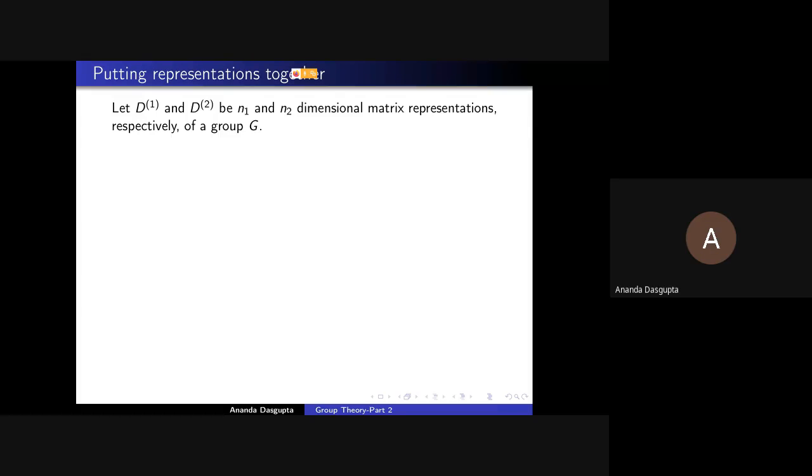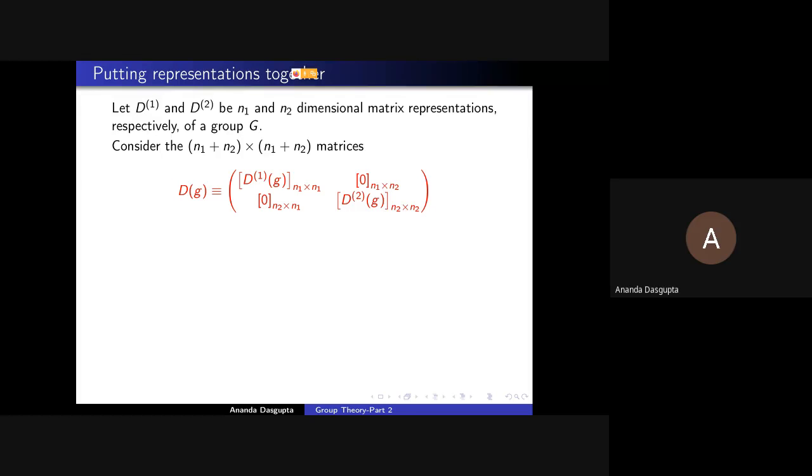Okay, but now, given that you have these matrices, you can put them together into a bigger matrix, which has N1 plus N2 rows and N1 plus N2 columns. How do you make this matrix? Well, you just take the D1(g) matrix, N1 by N1, and put it up on the first N1 rows and N1 columns. The lower N2 by N2 block is made out of D2(g).